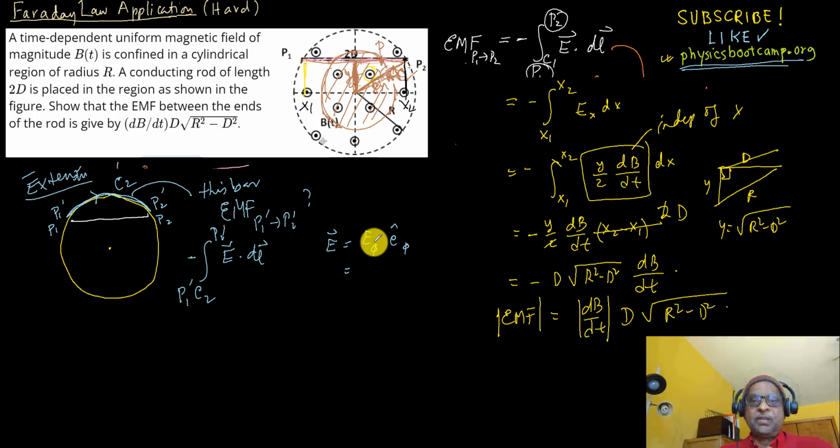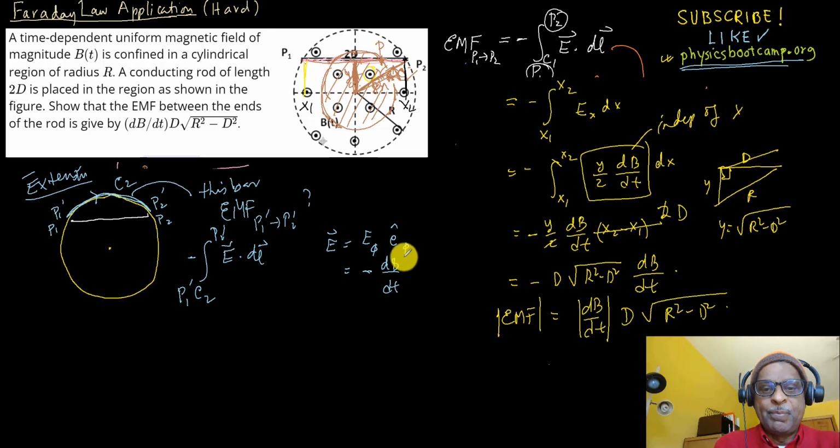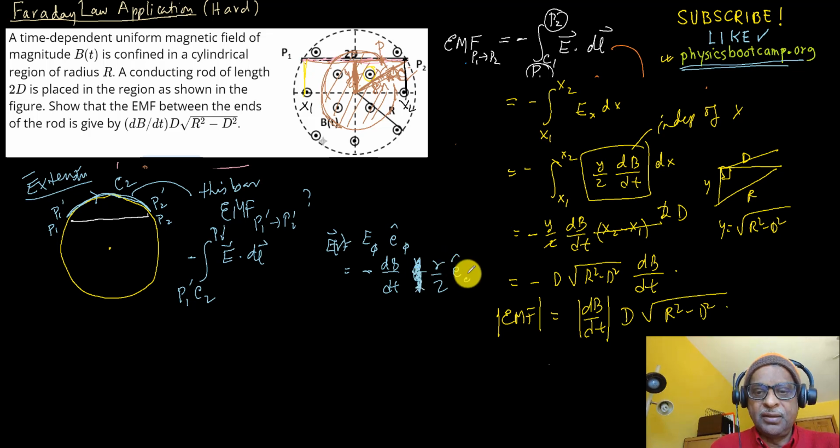When it's decreasing, it's going to be minus dB dt, minus dB dt times r over 2, not y over 2, and E hat phi. So that's what it is.